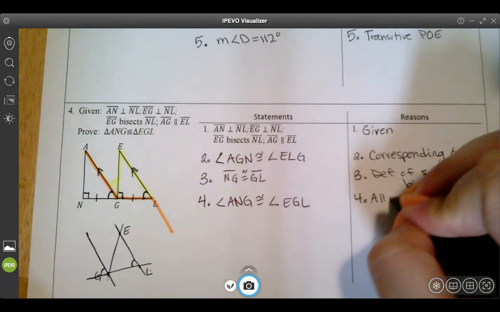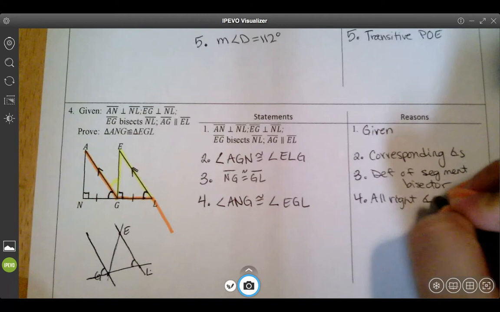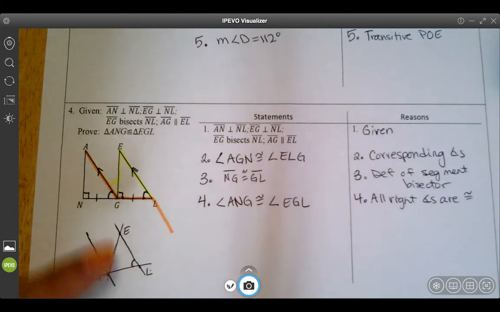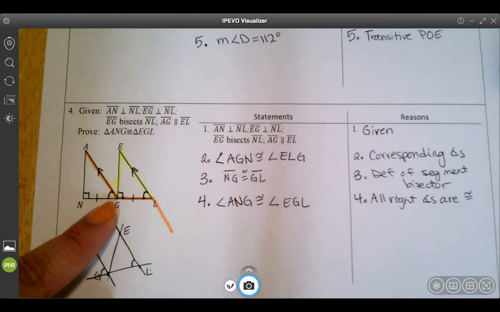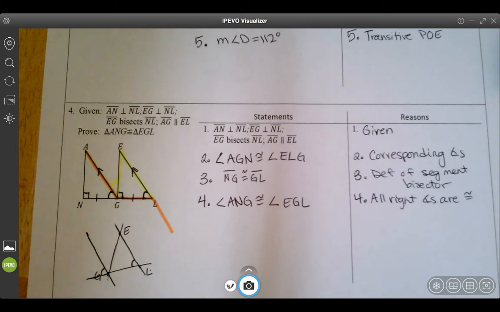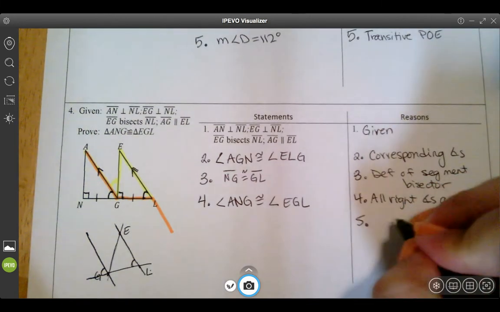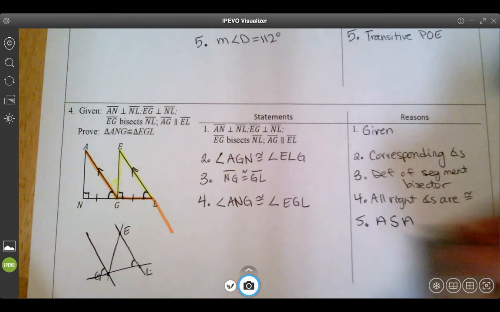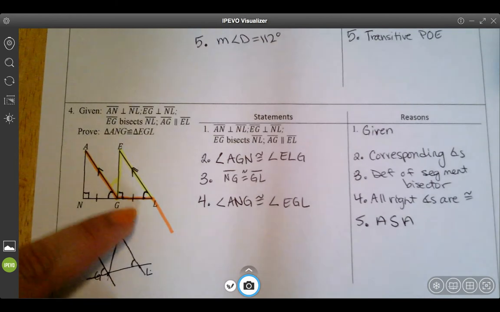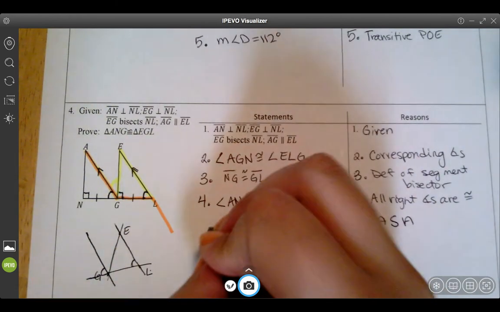Because all right angles are congruent. Okay, so now we have angle, side, angle, and the side is between the 2 angles. So we have 2 angles and the side between. That's ASA, not AAS. AAS is when the side is not between the angles.